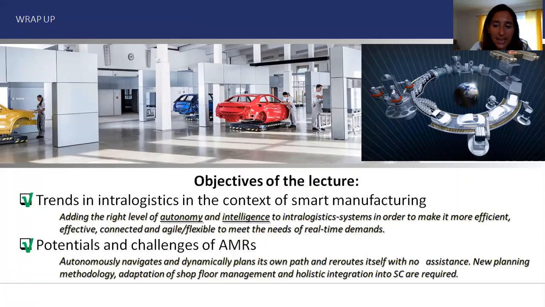But on the other hand, you need new planning methodologies and you need to adapt the shop floor management. And as we heard at the very beginning, you always need a holistic viewpoint on logistics, so you need a holistic integration of those AMRs into the whole logistics system.